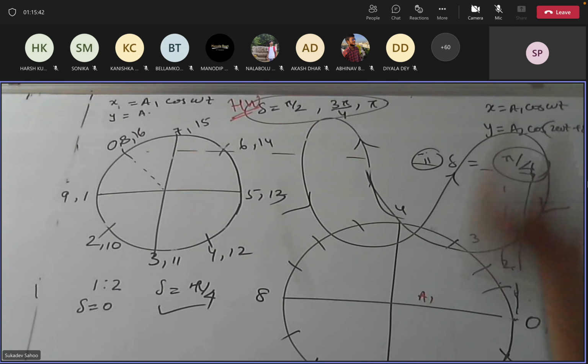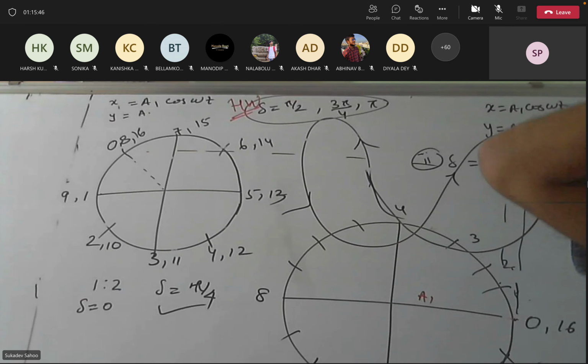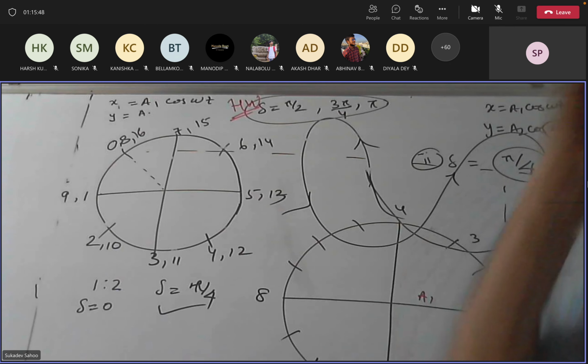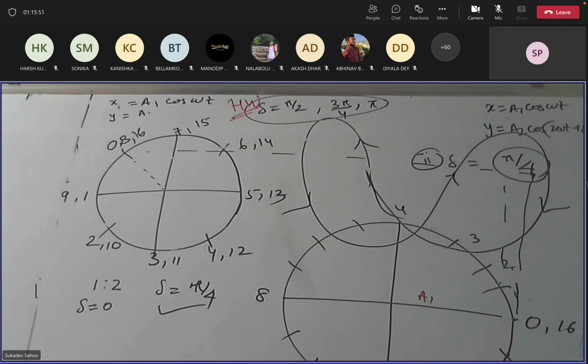Okay, then what are the uses of Lissajous figures? This is the Lissajous figure. Then for the uses of Lissajous figures, you may note down some points.